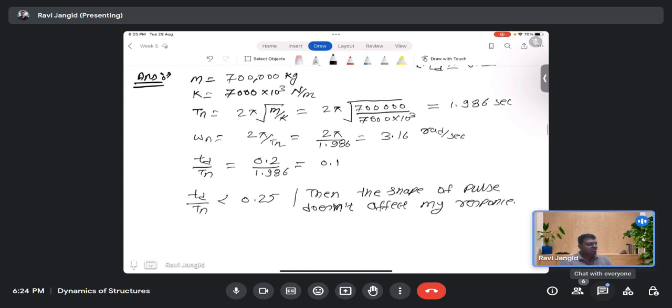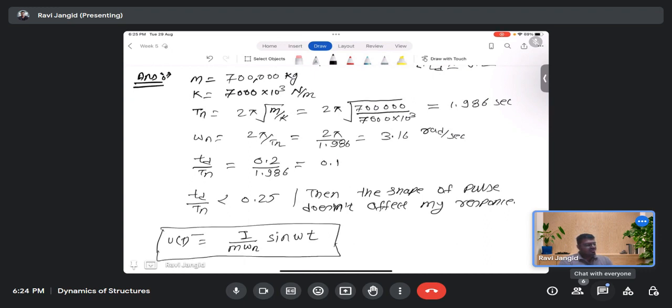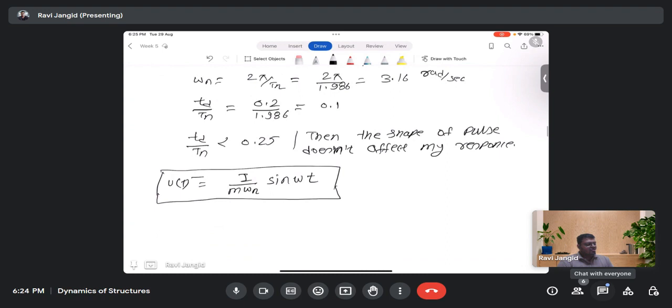So my response for the undamped vibration u(t) can be given as I by m omega n sine omega n t, where I is the pulse area, which we call the integral of P dt from 0 to t.